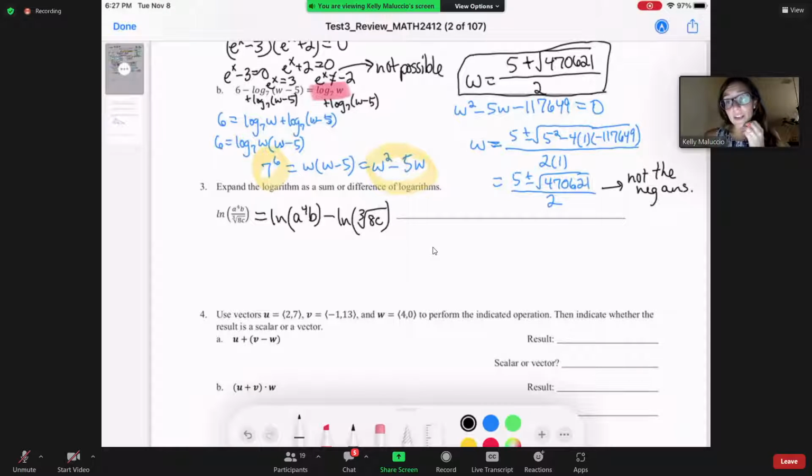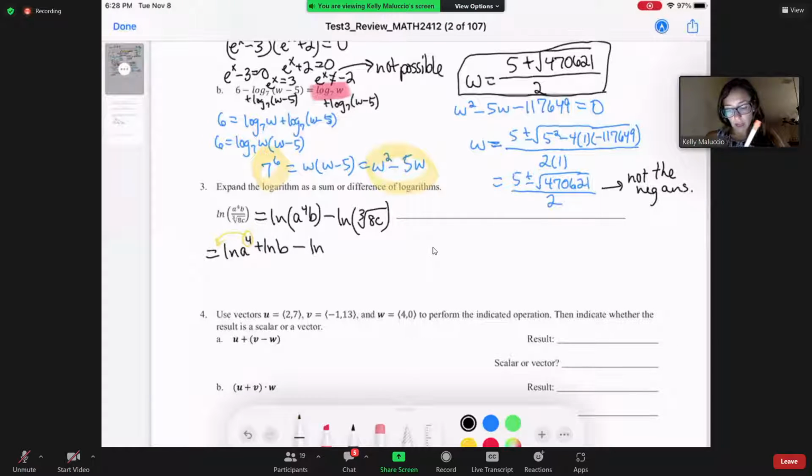There are a few answers I will accept here, but let's write it out. The first part I can write as ln a to the fourth plus ln b, and then I can bring this 4 in front, which I'll do in my next step. Then I have minus. Now I can do a few different things here.